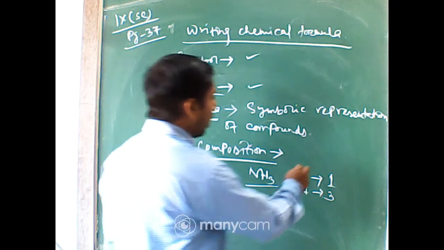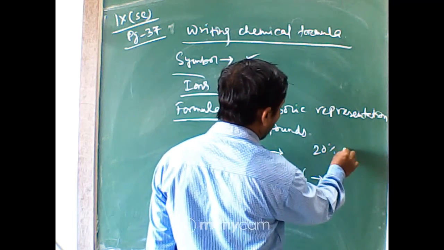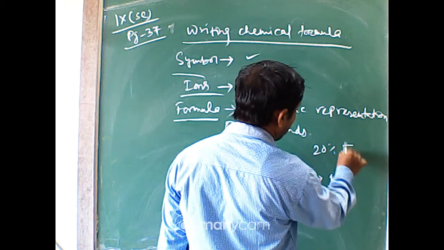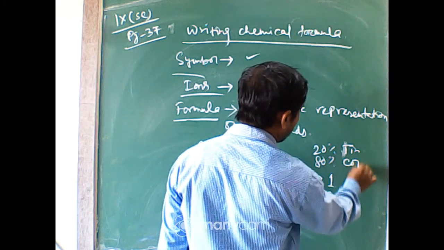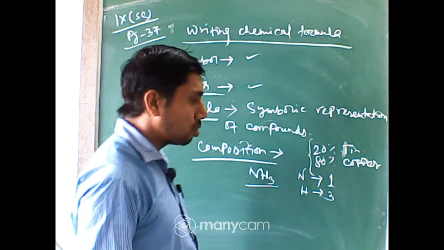Suppose in an alloy, 20% of tin, that is Sn, and 80% of copper. This is the composition of an alloy. It is also called the composition.